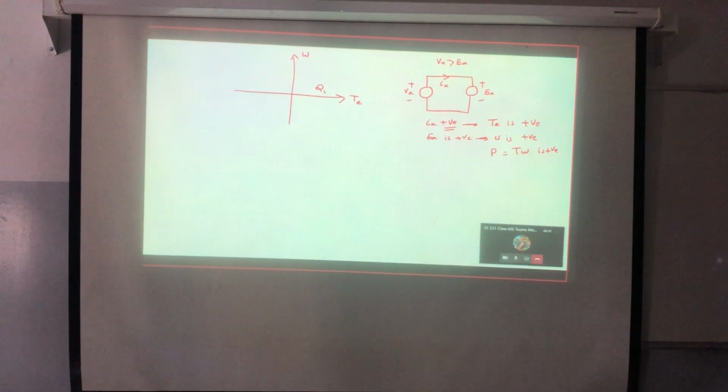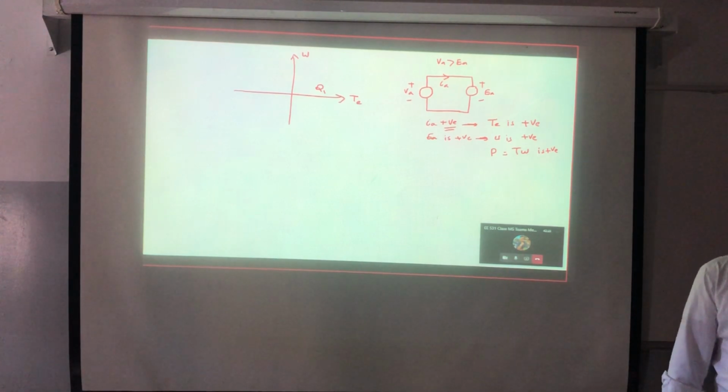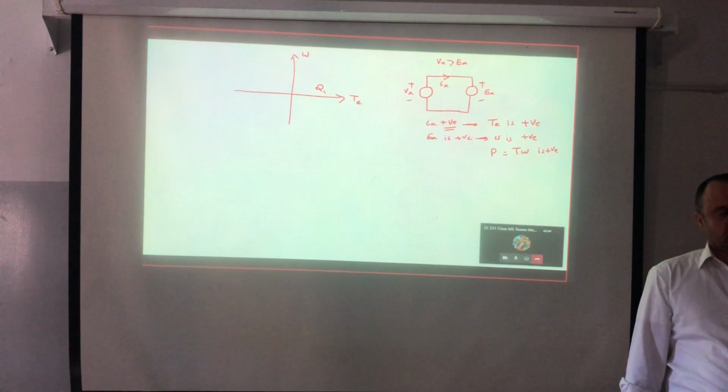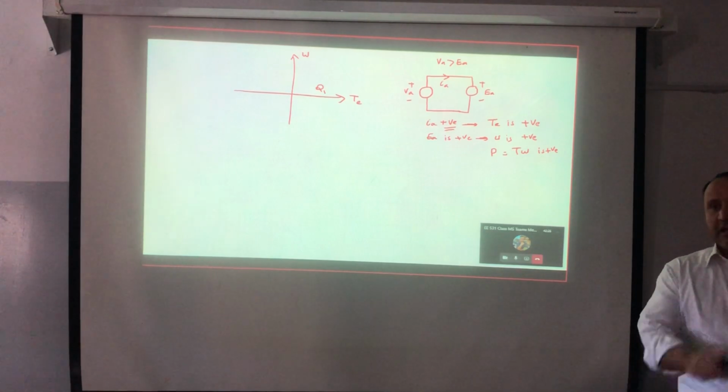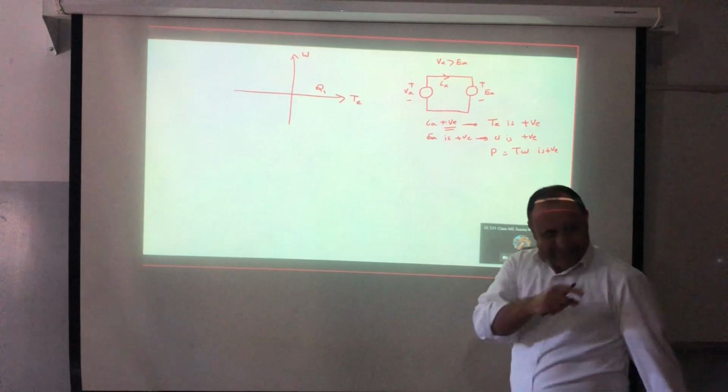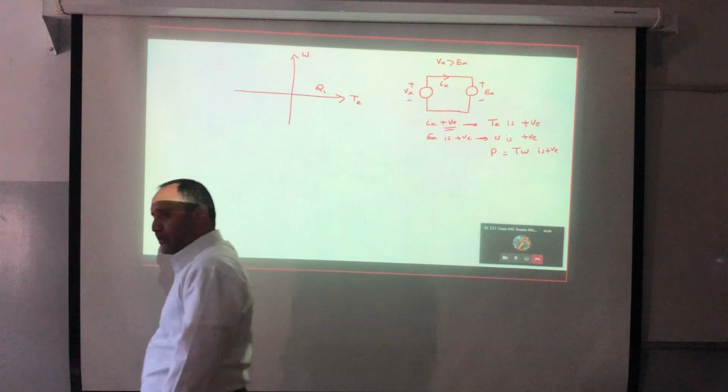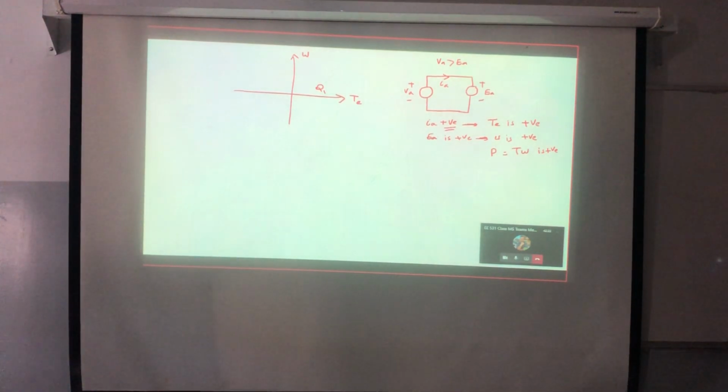Anything else? Doctor, in plugging, for example, for the series and the shunt, we cannot, because if we just reverse the armature voltage, it will not reverse. This is a good question, because I think the book discussed that.